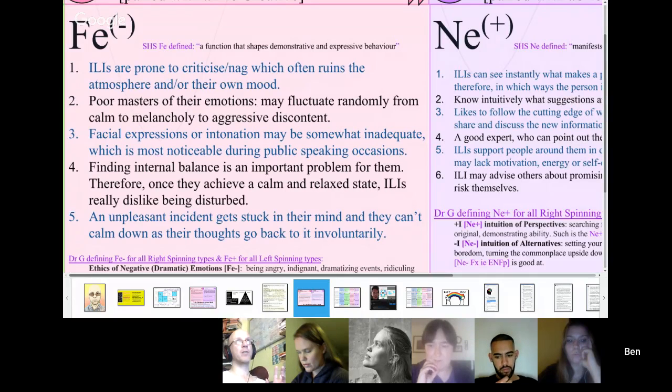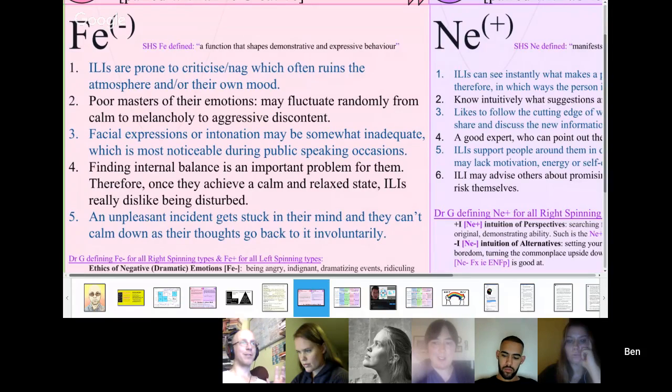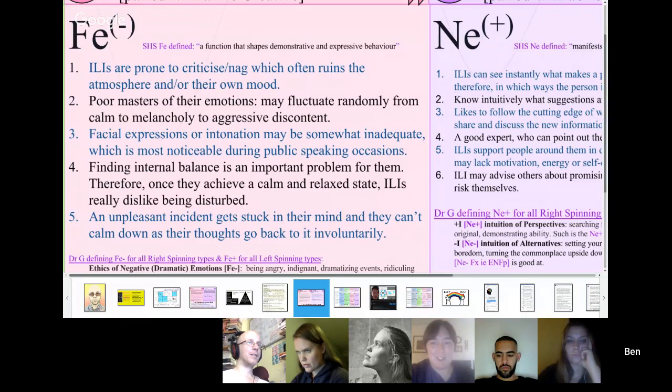No, that's wrong, that's ENTJ. Yeah, that's right. Okay, go on then, Laura. You said something about static types changing their mood easier. What I sort of meant was that it transitions to it. But okay.